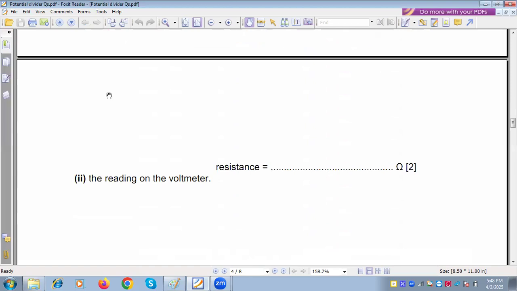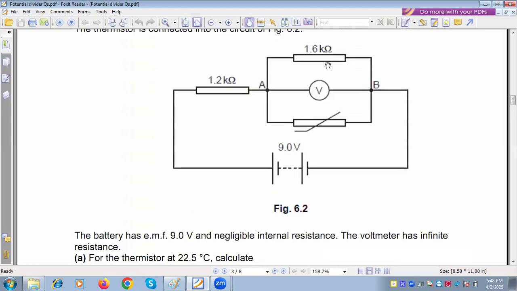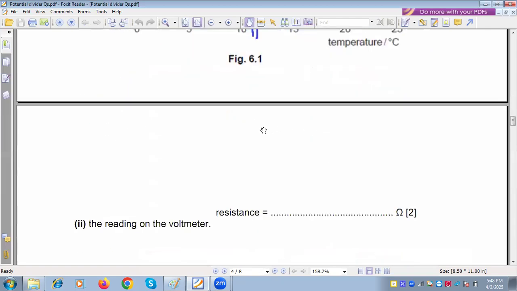So what will be the total resistance? The resistance which is connected in parallel to the thermistor is also 1600, and when two 1600 ohm resistors are in parallel, the total resistance will be half. The easy way is: one resistance divided by the number of resistances, or you can apply the formula. R total is equal to 1 upon 1600 plus 1 upon 1600.